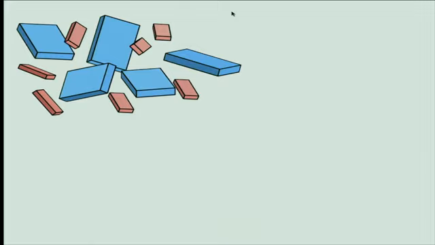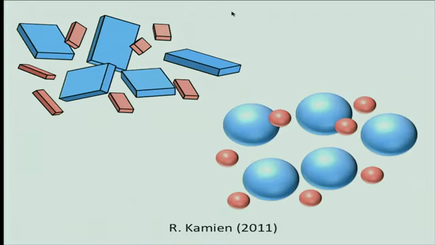If you observe this kind of system, it may look like a system that has been widely studied in the past, and I'm sure many of you did it. In a way, it is similar to binary mixtures of big and small spheres. And by the way, for this suggestion, I have to thank Randall Kamien, who pointed out this analogy. And what happens when you have big and small spheres?